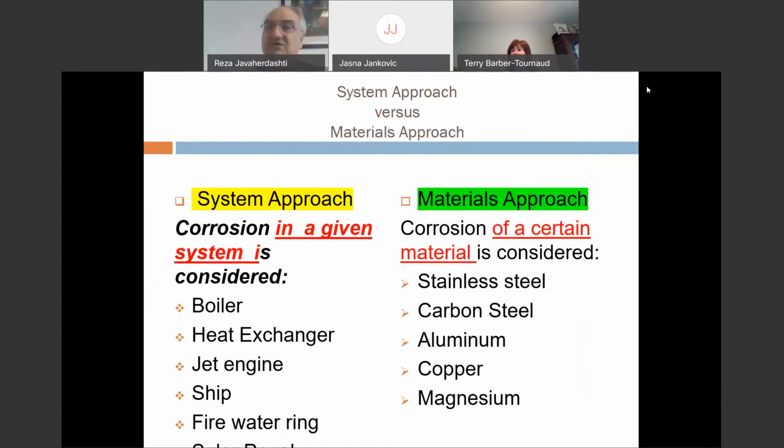You know, specific industries, specific systems. This is basically what you will be faced with when you talk to industry. They say, do you have enough experience in dealing with corrosion in, for example, boilers?